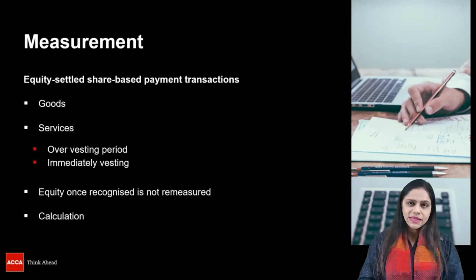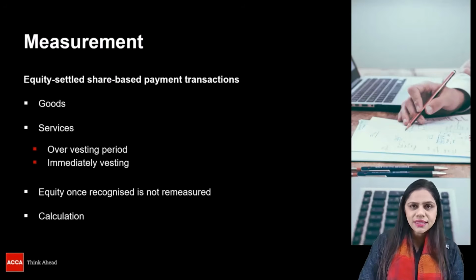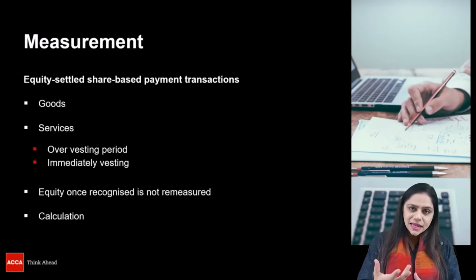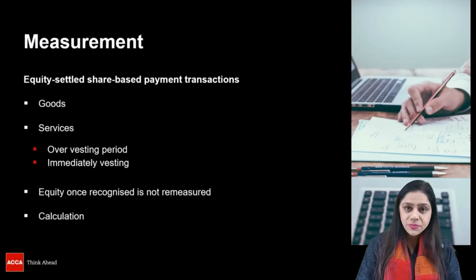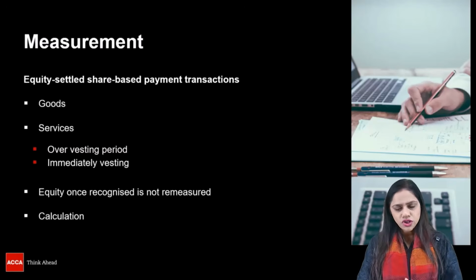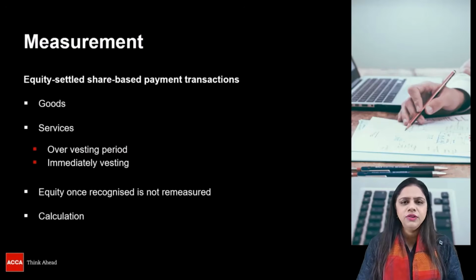In case of equity settled share-based payment transactions, we are going to see, first of all, how the goods are recognized. In case of measurement, the standard says that the best part is that in case of goods, you can identify the fair value of goods. So when you identify the fair value of goods, you recognize the value as per the fair value.